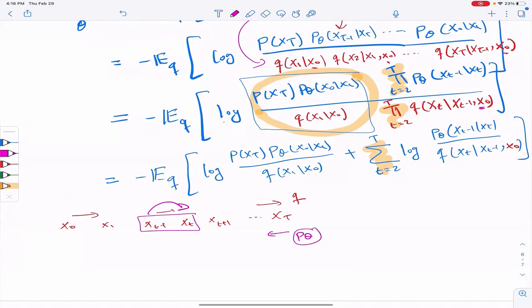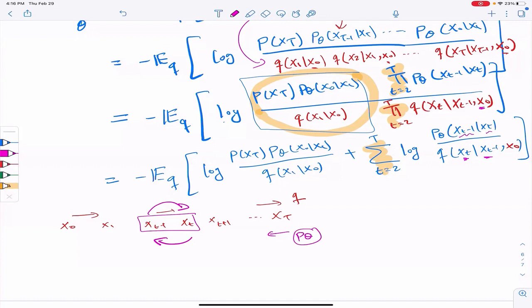And for P theta, I'm going to have xt minus 1 given xt. So here, that's why we have P theta xt minus 1 given xt, and in the denominator, I have Q xt given xt minus 1. So these are actually in opposite directions. Because one distribution is running forward, the other is running backward, I'm forced to have terms like this.